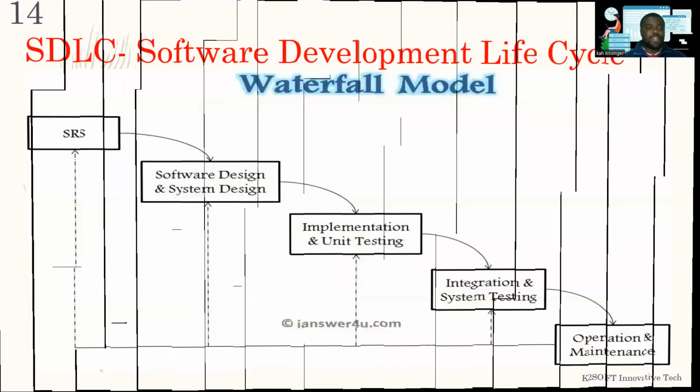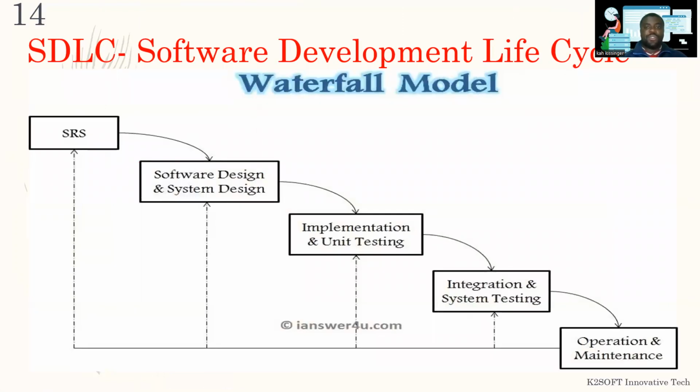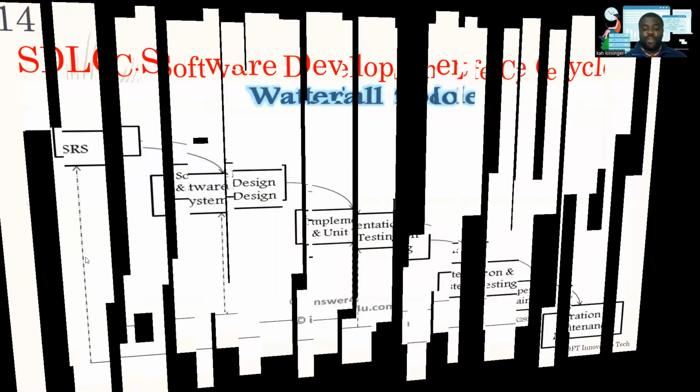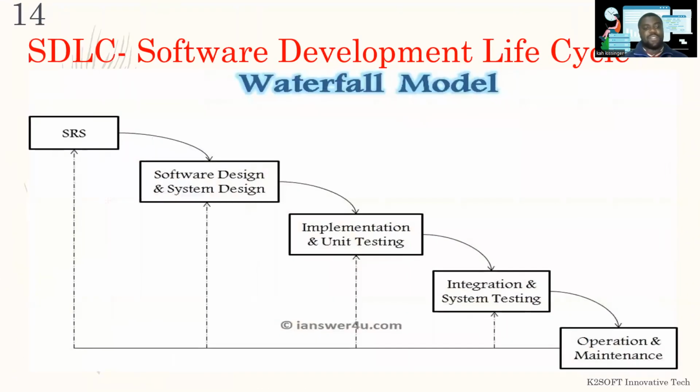Okay, the traditional SDLC methodologies we know are waterfall, iterative, spiral, V-shape, and the big bang model. In the waterfall model, as you can see, you move from one stage to another, from the SRS to software design. It has its own drawbacks, because the other members of the team remain idle, waiting for the first members to finish and give to the second member, before they give to the third, the fourth, and the fifth.